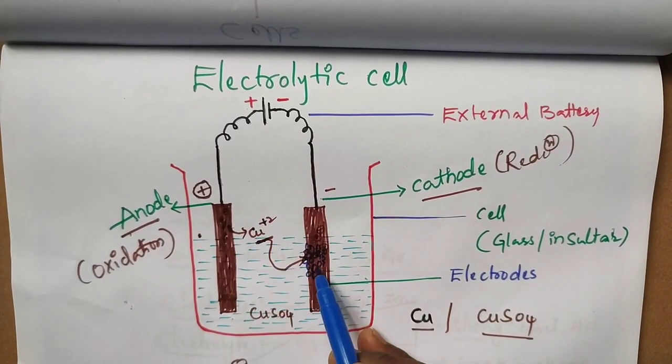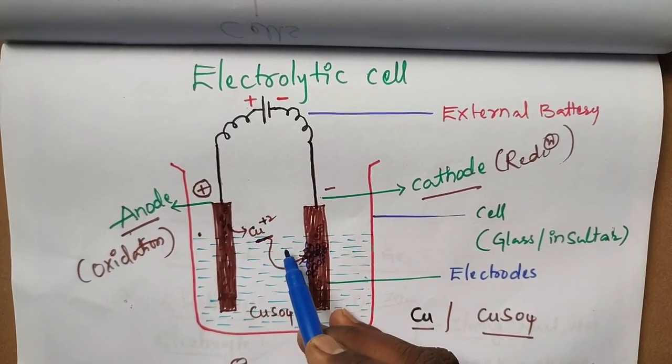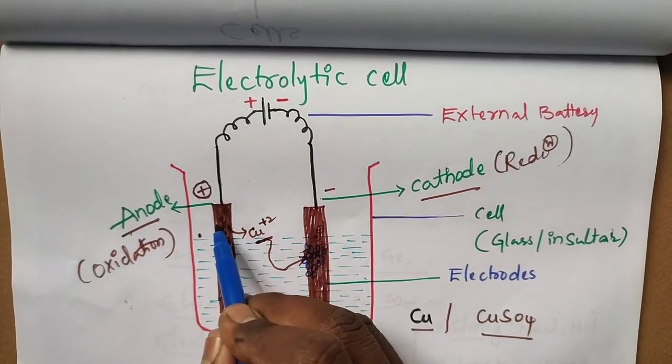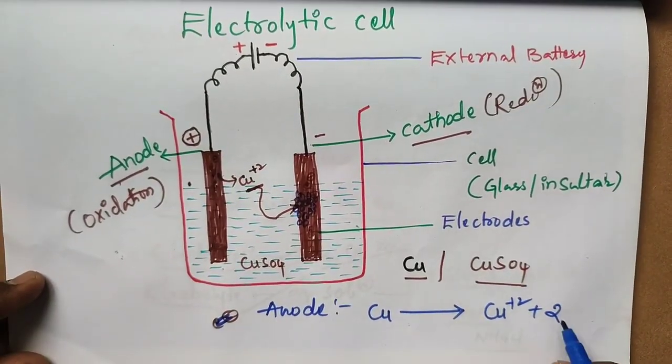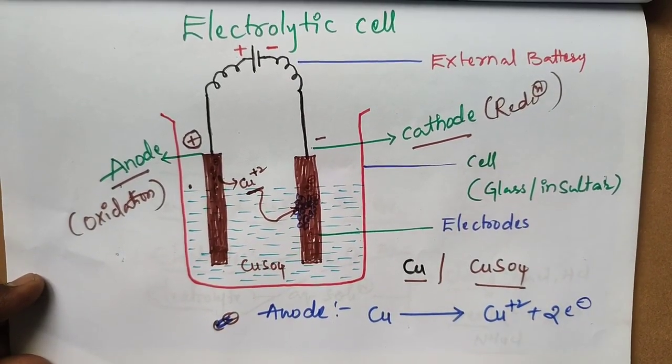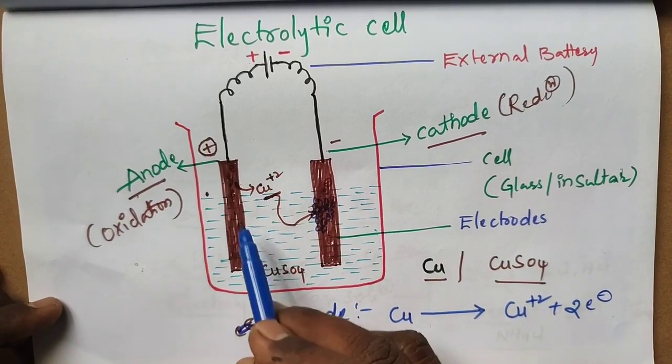Why are these Cu plus 2 ions occupying this position? Cu plus 2 ions plus 2 electrons. So what is happening at the anodic position? Cu is converted to Cu plus 2 and 2 electrons.